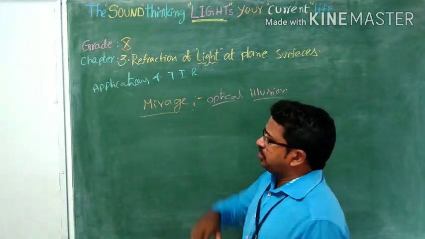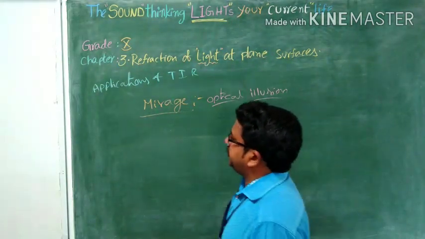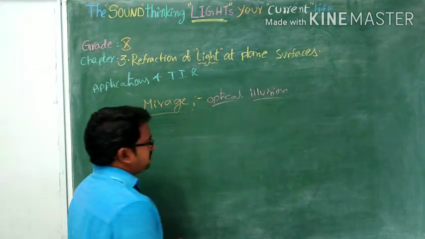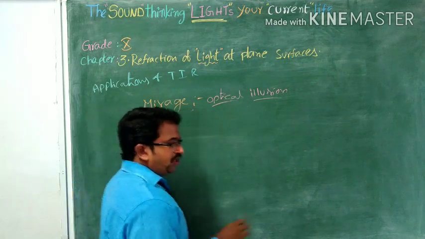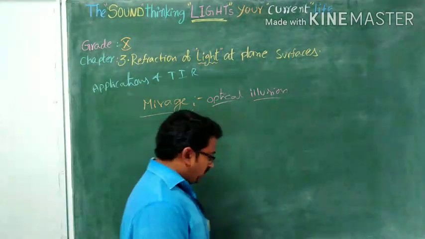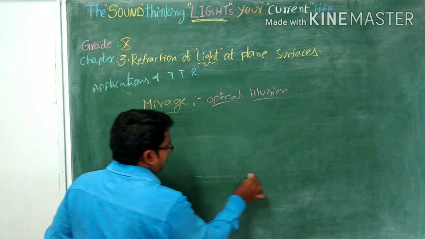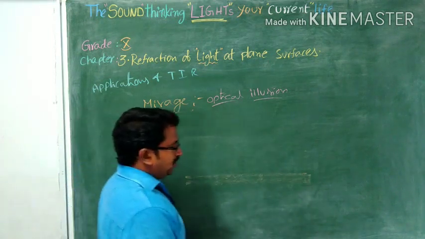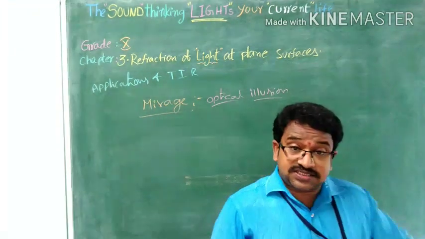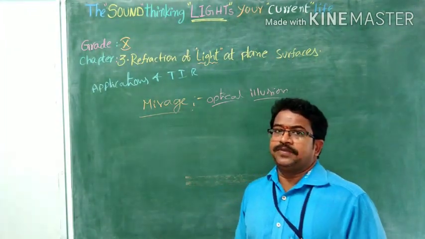Now how is this optical illusion attained? How are these mirages formed? Let us see. For example, during hot summer days, let us consider a tar road. The specific heat of tar is less compared to a metal road.